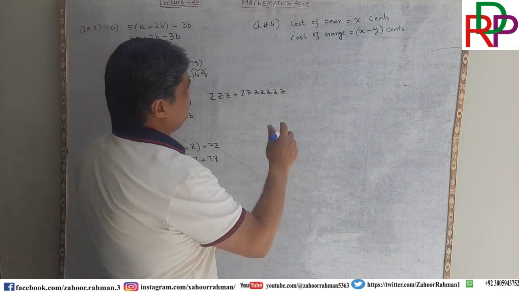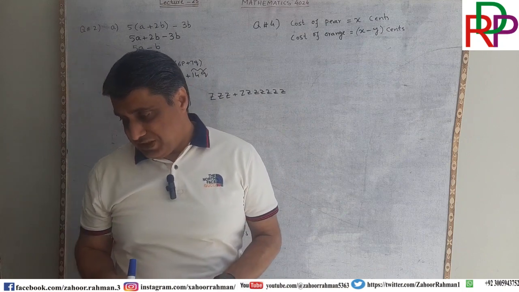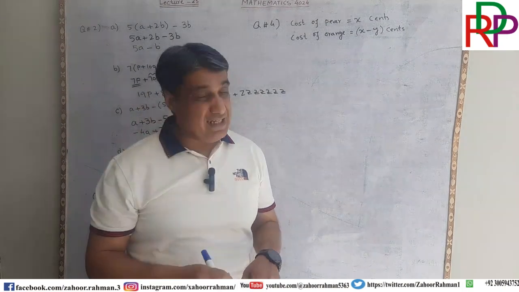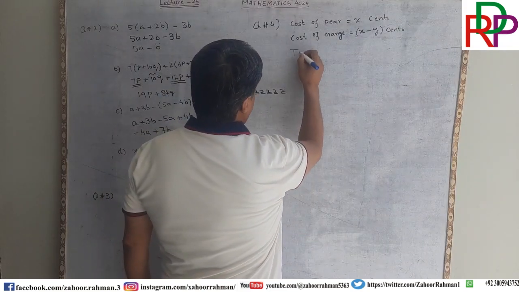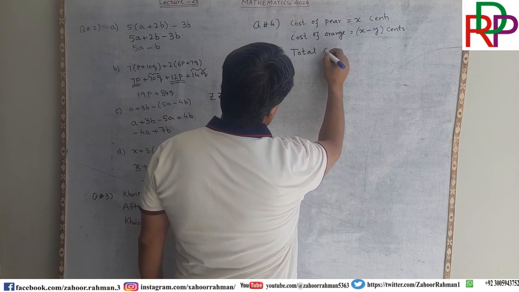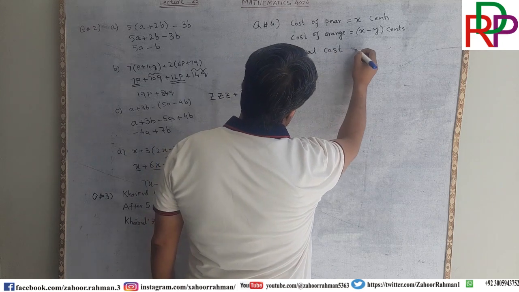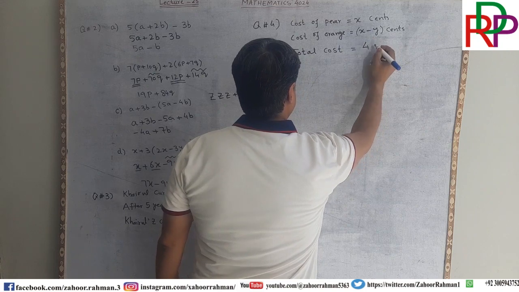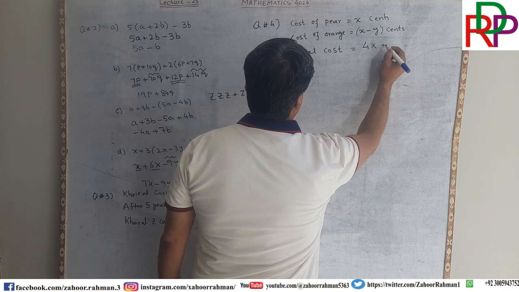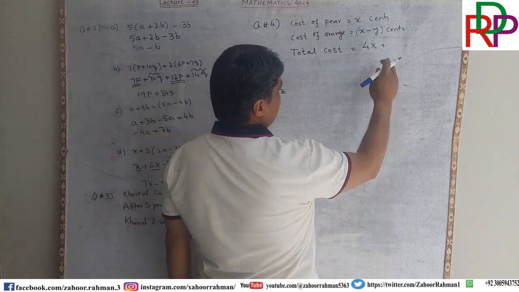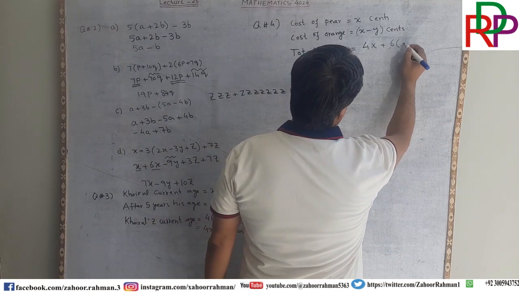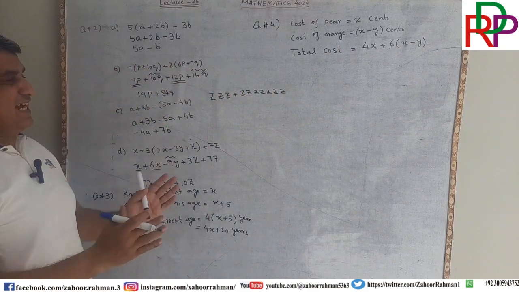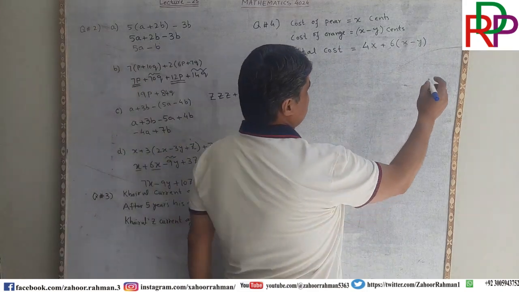So according to the condition, they are telling us that total cost is equal to 4 pears plus half a dozen, that is 6 of the oranges. So that is the total cost in cents.